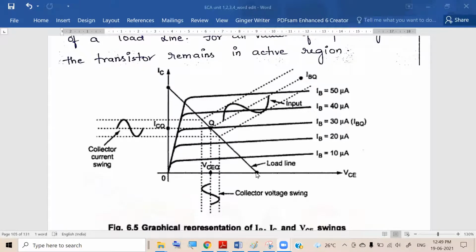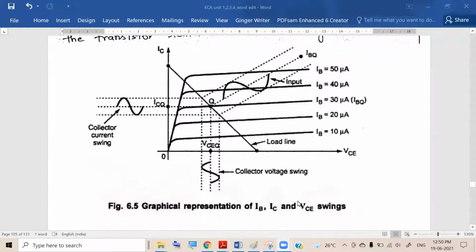Now this is the first quadrant, second quadrant, third quadrant, fourth quadrant. If you go into the second quadrant or the fourth quadrant, then the transistor is no longer in the active region. It won't amplify, which means the signal will appear clipped. This we have seen in the previous class also.